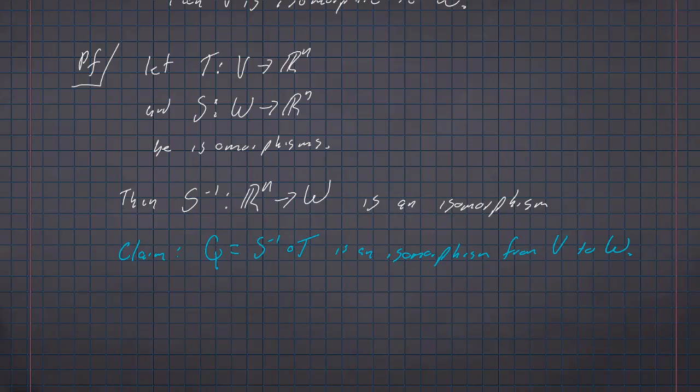And I claim that if I compose S inverse with T, I will also have an isomorphism. In order to show that, I need to show that Q is linear, is one-to-one, and is onto.